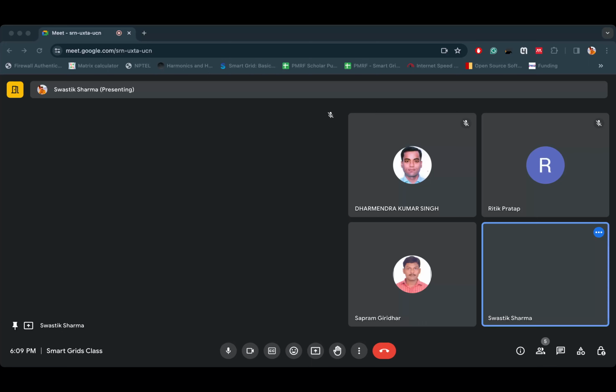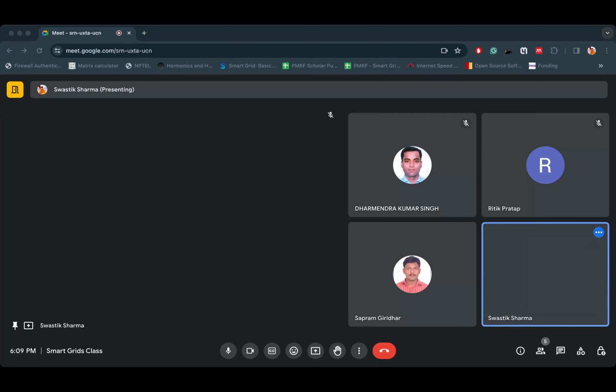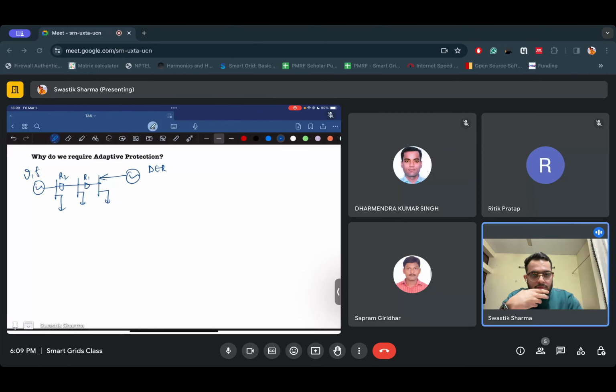Let's say this is R1 and R2, and these relays should be able to adaptively protect your system in case any fault or disturbance occurs.